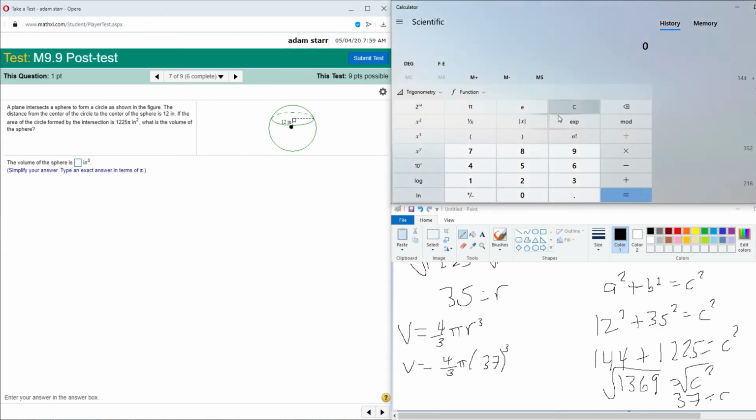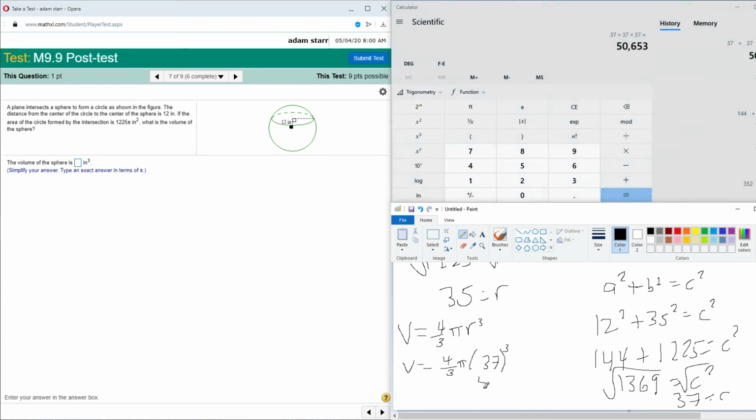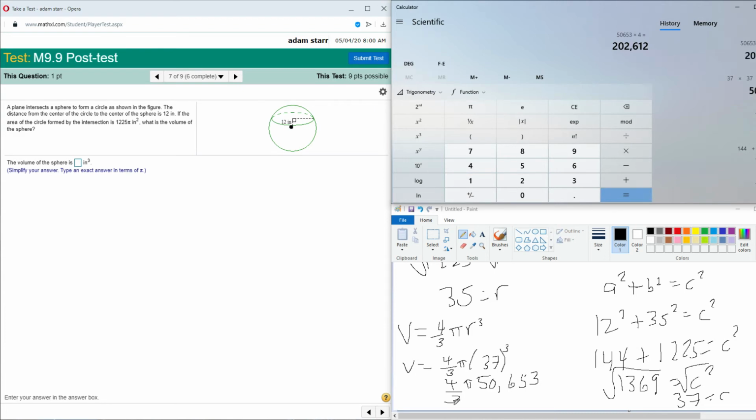So now I have to do 37 cubed, just 37 times 37 times 37, which is a big number, 50,653 pi, and this 4/3. So now I'm going to multiply this by the 4 and divide by the 3.